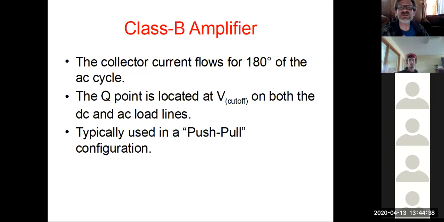The unique thing with this one, compared to the other one, is that we're allowing 180 degrees of the cycle through as compared to 360 degrees. In this particular one, notice that the Q point is located at cutoff on both the DC and AC load lines, which makes this really easy for us.